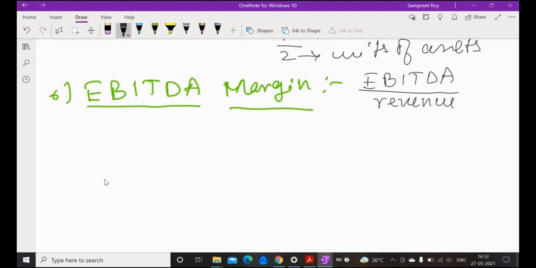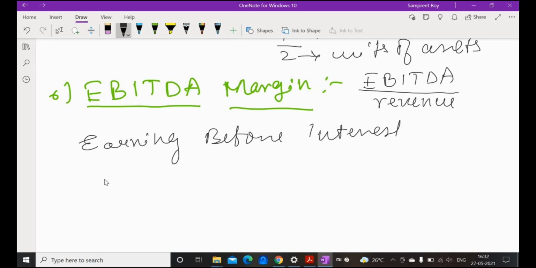Now what does EBITDA mean? Full form of EBITDA is earnings before interest and taxes, right? And what does DA mean?